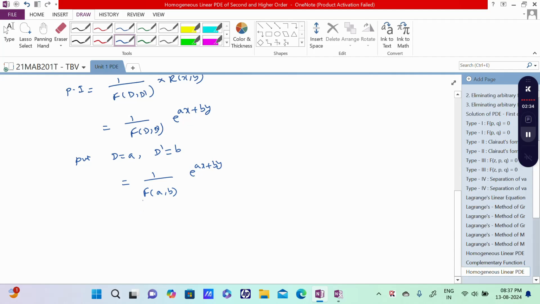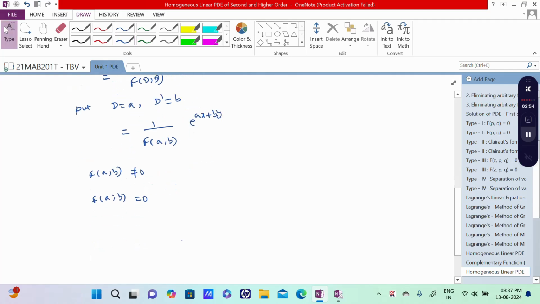Now this is a solution, if f of a comma b is not equal to 0, then this is our particular integral. When f of a comma b equals 0, then we should use some process. What is the process?